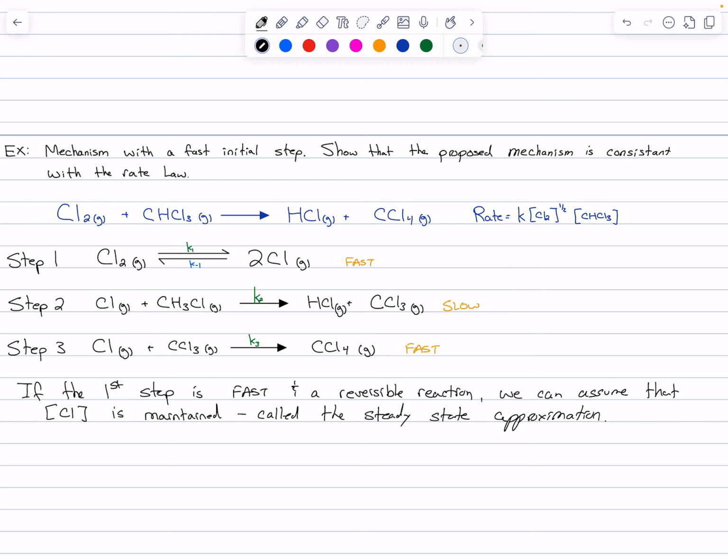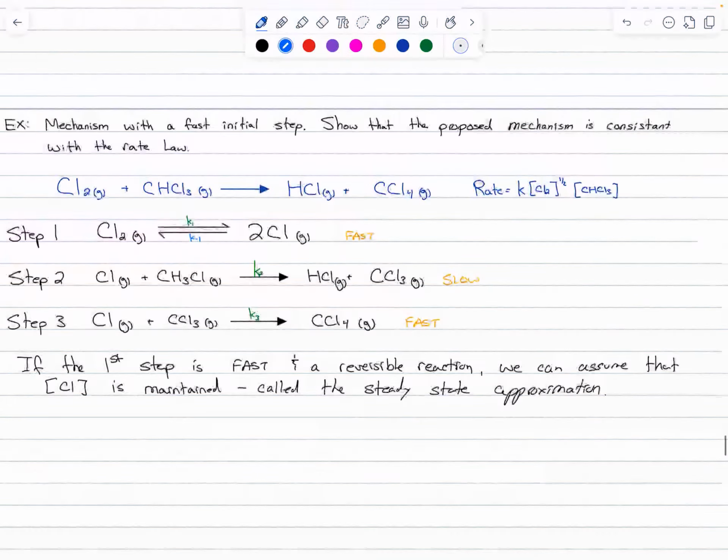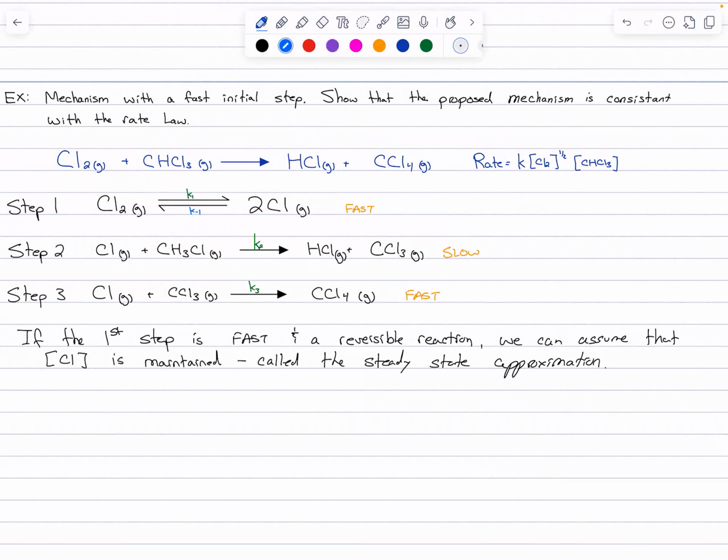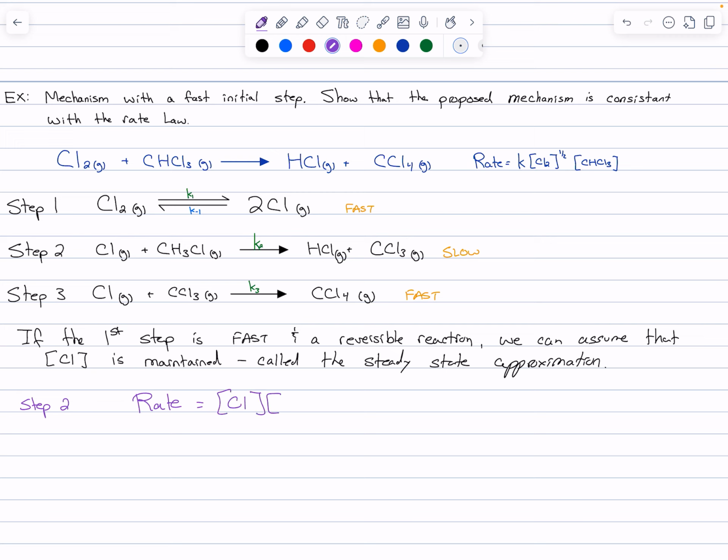So how does this work? Well, the slow step is where the rate law needs to come from. So this is step 2. Rate equals K2 times the concentration of Cl times the concentration of CH3Cl. I forgot the K, you've got to put it in there. So that would be the slow step. Now, for step 1, I want to point something out.